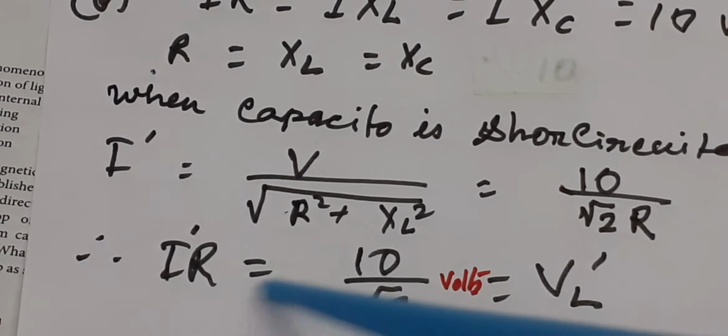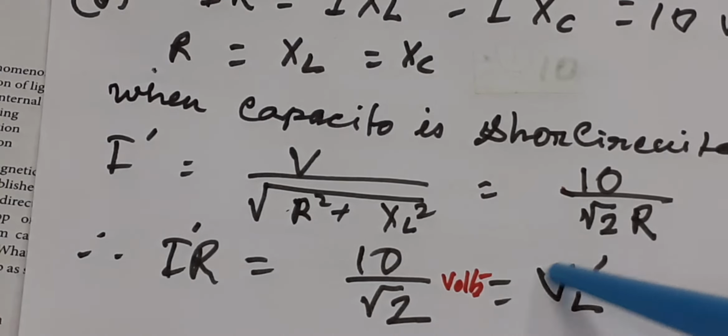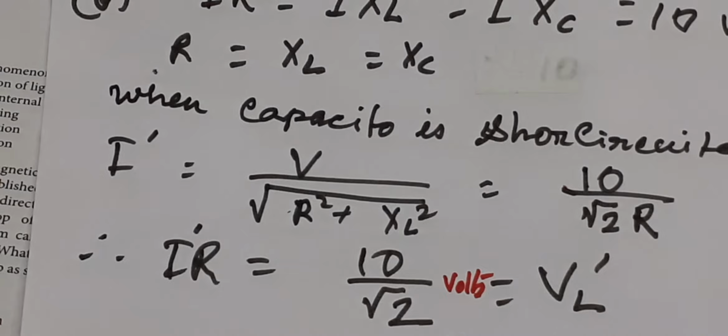So V dash L, the potential drop across the inductor, will be 10 by root 2.